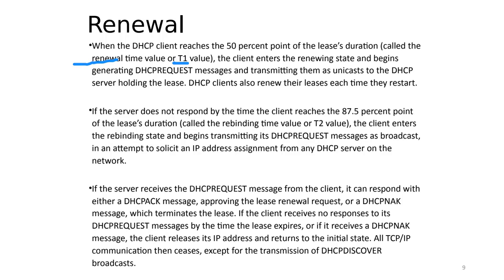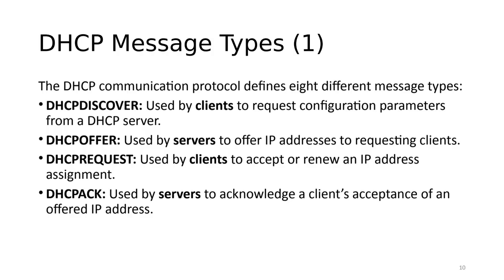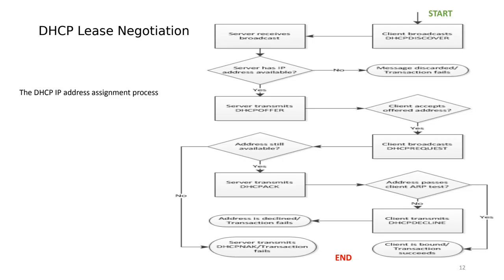Okay, the renewal is written in a diagram. Some people like a flow chart. So you start, the client will send a broadcast, the DHCP discover, and then the server receives the broadcast, and then the server will send the offer, the IP address, and then the client will accept. Any questions?